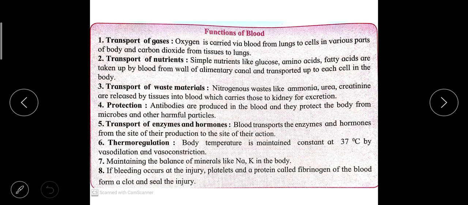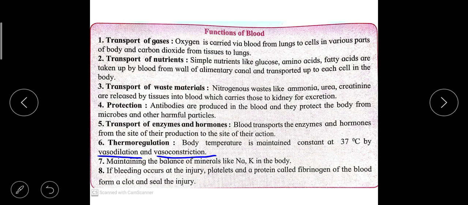Now you have to find the answer: what is vasodilation and what is vasoconstriction? Find the meaning of these two terms and write them in your CW book. Next is maintaining the balance of minerals like sodium and potassium in our body.